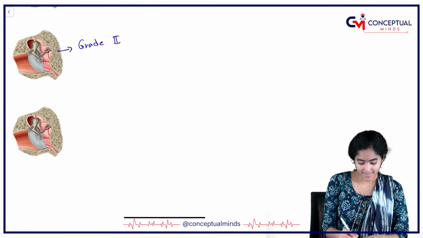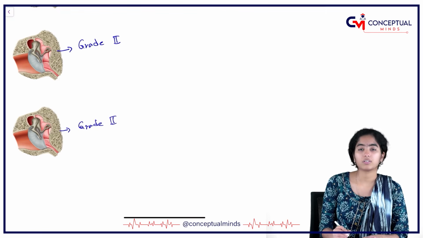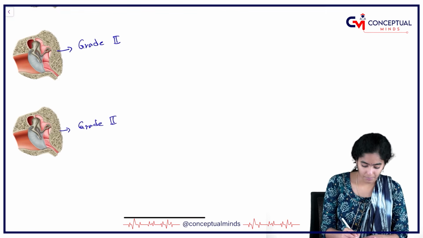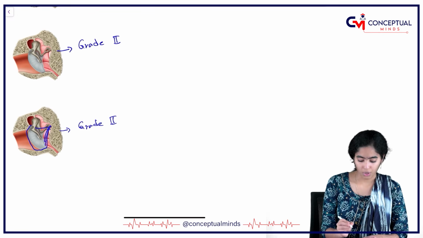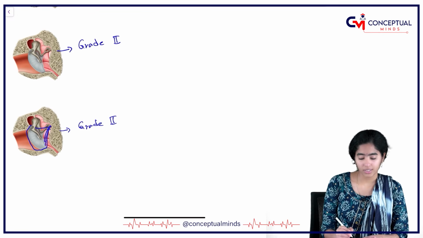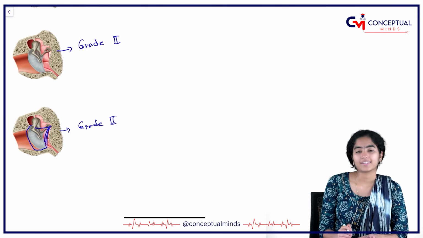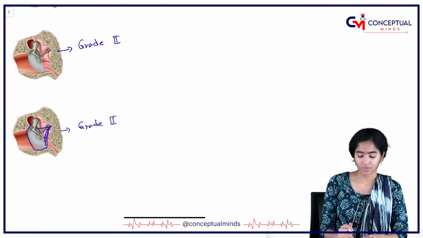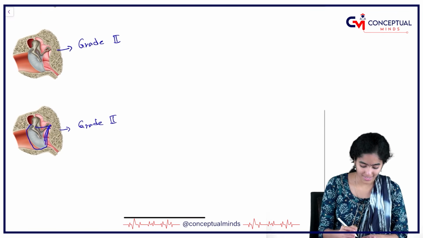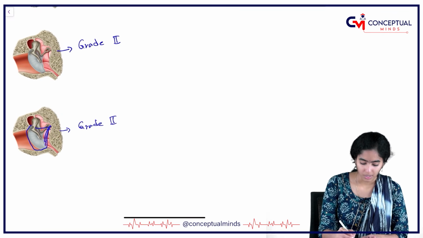And here what you can see is also a grade 2, more than the above picture, and if this tympanic membrane is almost extending till here, completely occupying the middle ear, then we call it atelectatic, and if it is stuck to the promontory, that is an adhesive type of retraction. You cannot see grade 3 and grade 4 here, but I hope you can understand with the schematic diagram that I have drawn.